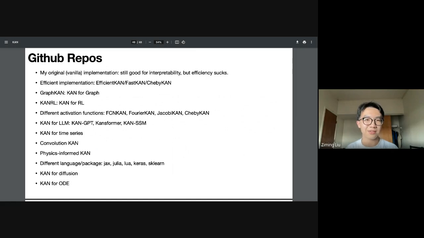I feel that after the paper was released, many of my personal follow-ups have already been scooped. And here is what people are working on, trying to apply KANs to different domains, and, as we discussed, trying to use different activation functions. Yeah, something like that.